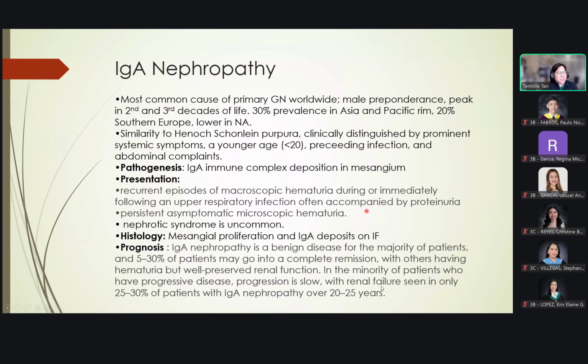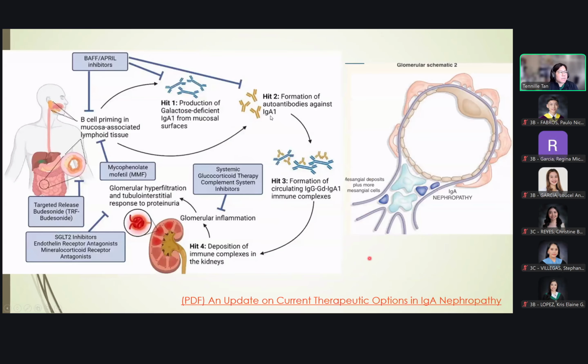So this is the current mechanism that they think is working for IgA nephropathy, what they call the 4-hit theorem or paradigm. Hit 1 is the production of your galactose-deficient IgA from mucosal surfaces.